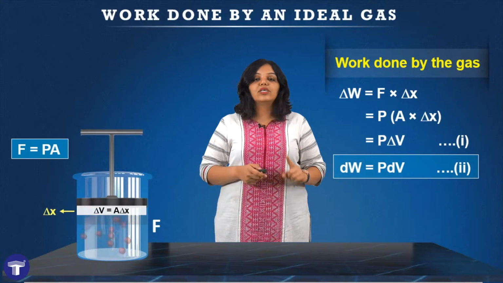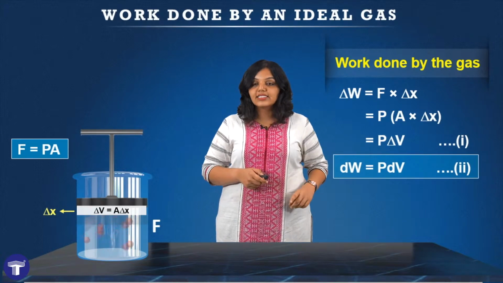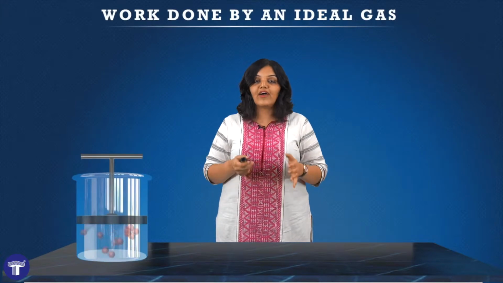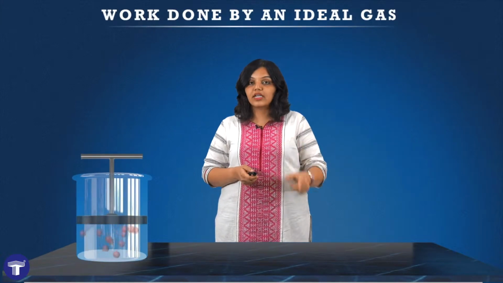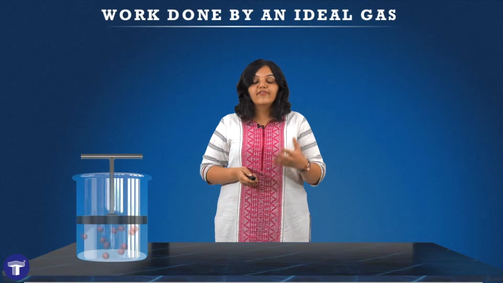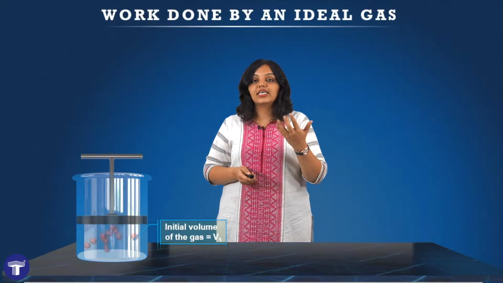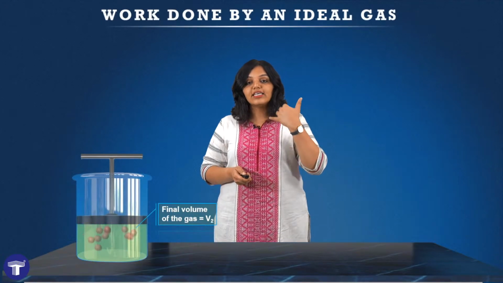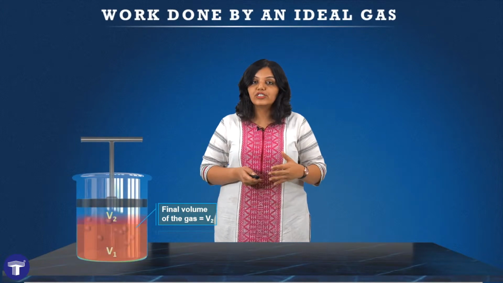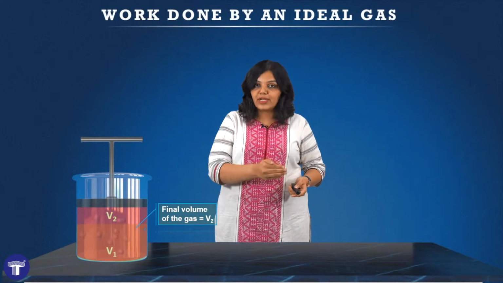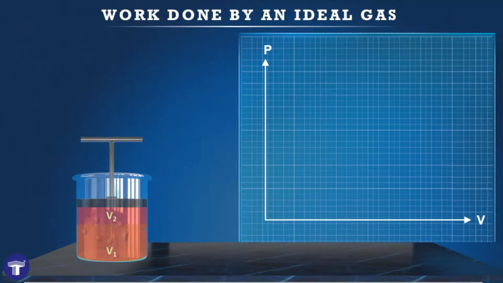There's one other way in which you can find out the work done by a gas. You can do this if you plot the values of pressure and volume on a graph known as the PV graph. For example, this gas initially had a volume of V1, and after expansion it reached a volume of V2. If you plot the values of pressure and volume on the PV graph, then from the area under the curve of such a graph, you can find the work done by the gas.